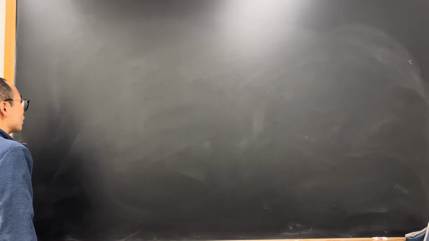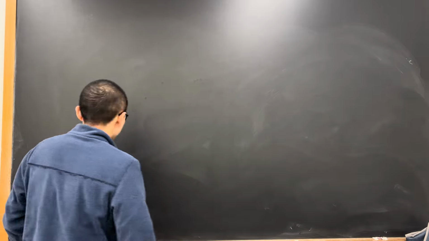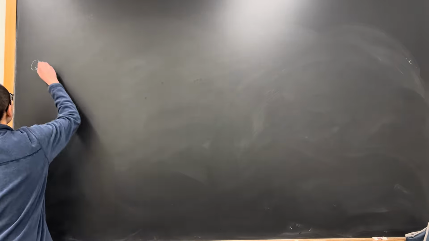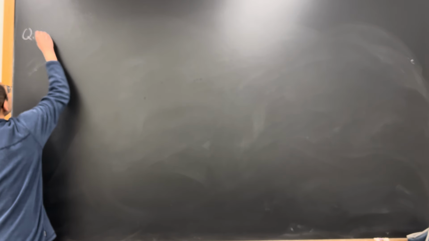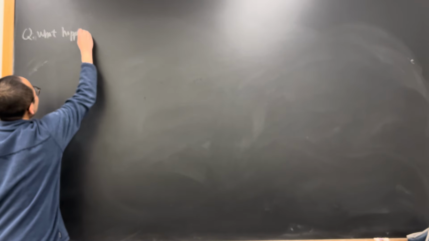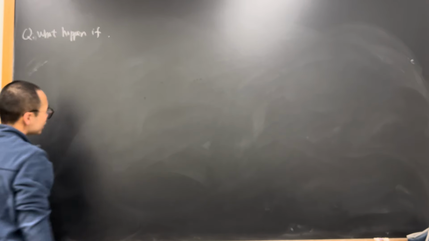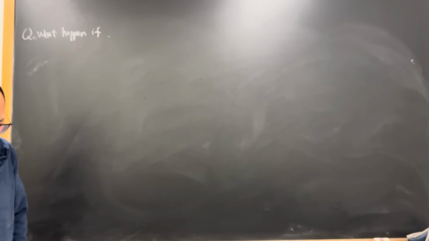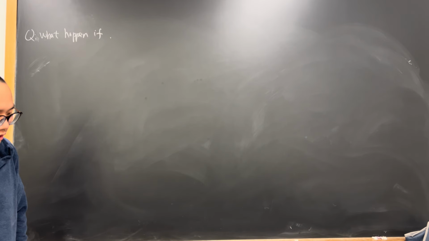So the question is what happened before C reaches the large value. I think we have a lower bound for this C, right?